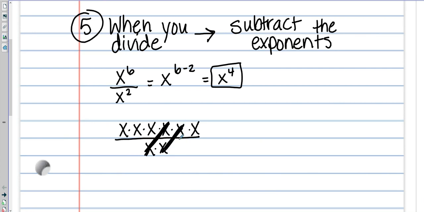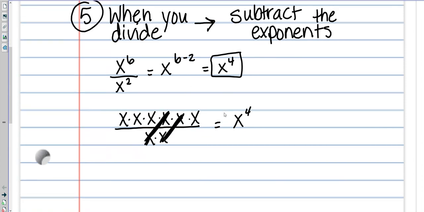Well, the same thing here. These two cancel each other out, and how many x's are left over? X to the 4th power. There's 4 of them left over. So that's the reason why we just subtract them. You don't actually have to write all the questions in expanded form and then cancel them out. Instead, you could just do the shortcut where you subtract, okay?